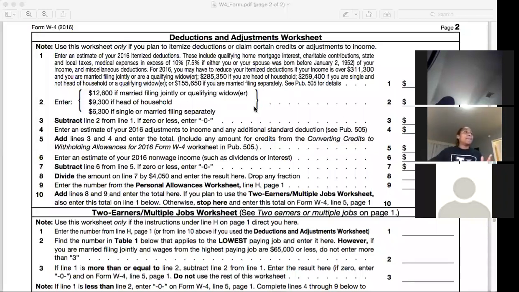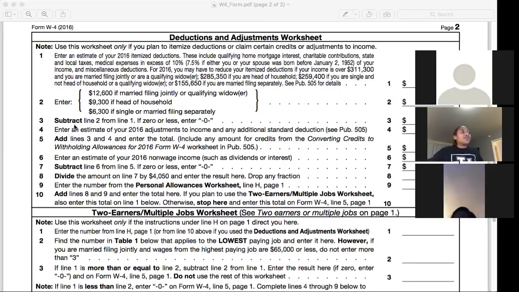And on line 2, you're going to enter whichever dollar amount matches your situation. So either you're married and you get $12,600, you're head of household and get $9,300, or you're single and get $6,300. Whichever one you are, write that dollar amount on line 2. So line 3, subtract line 2 from 1. If 0 or less, enter 0.